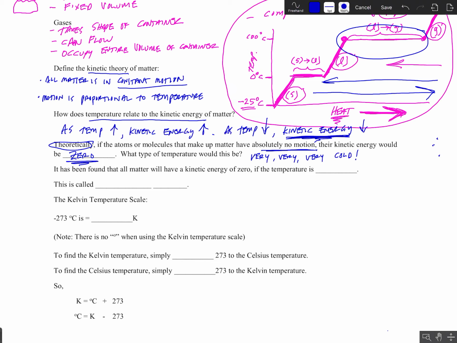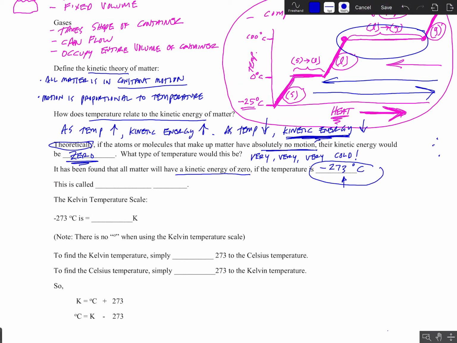It's been found that all matter will have a kinetic energy of zero if the temperature gets down to negative 273 degrees Celsius. This temperature is as cold as it can possibly get. You can't get any colder than that because that's when the molecular motion has stopped. You can't get any slower than being stopped. And that's what happens at this temperature, negative 273 degrees Celsius.